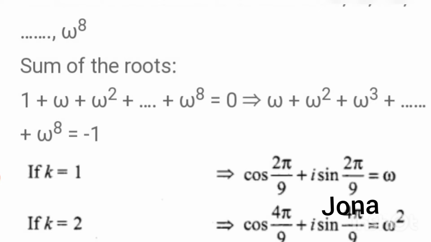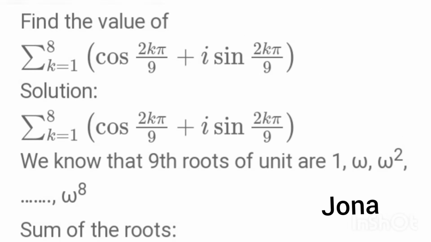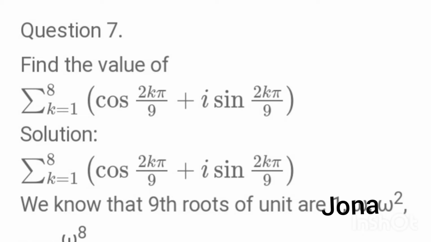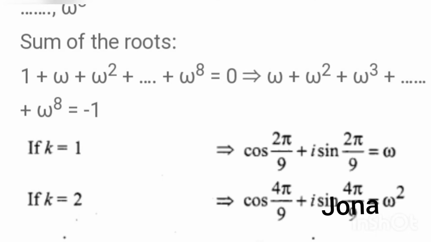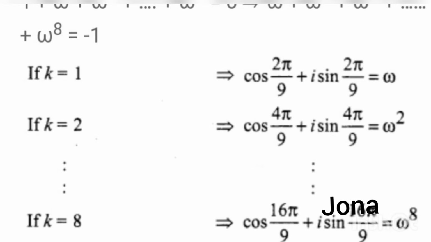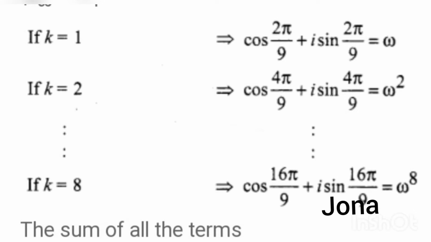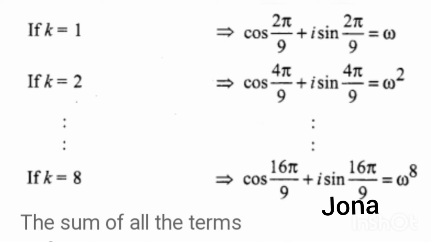So let me take k equal to 1 in the given bracket. If k equal to 1, it will become cos 2 pi by 9 plus i sin 2 pi by 9. It's nothing but omega. And then put k equal to 2. It becomes cos 4 pi by 9 plus i sin 4 pi by 9. It's nothing but omega square.